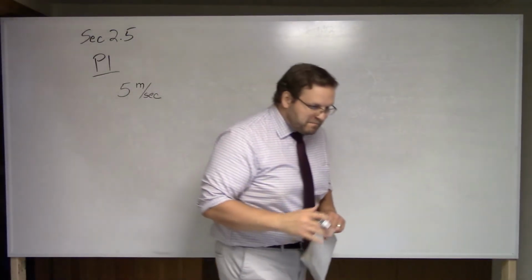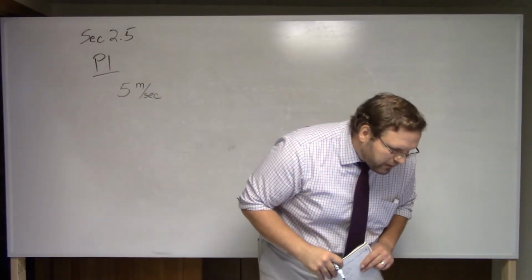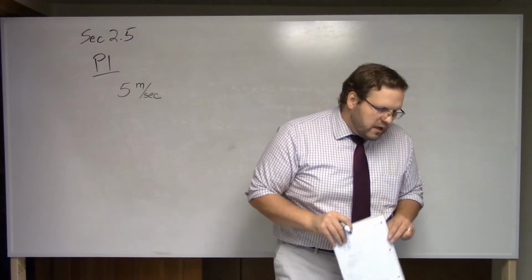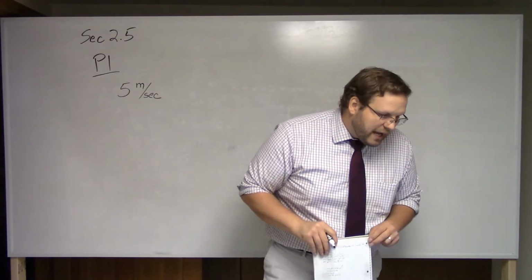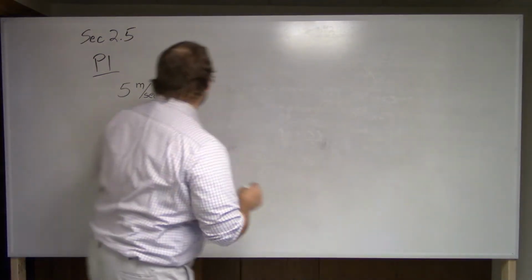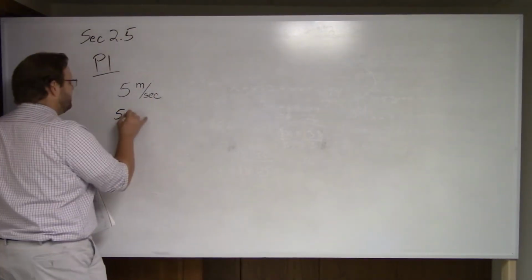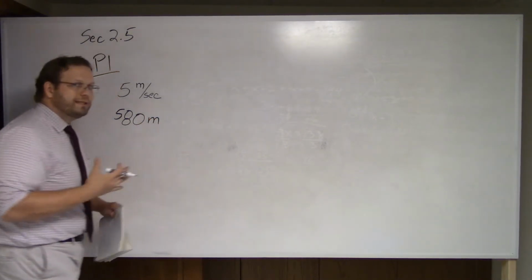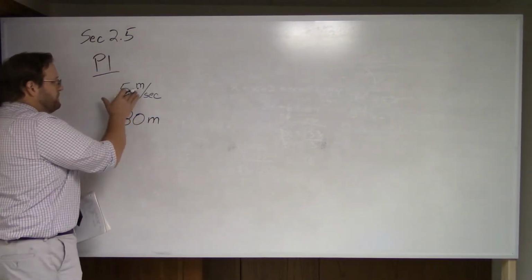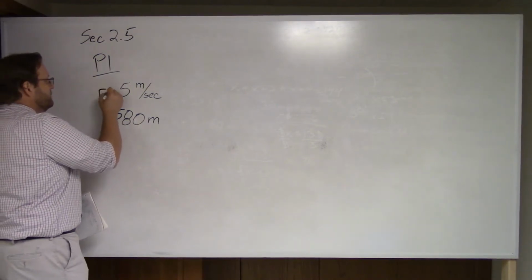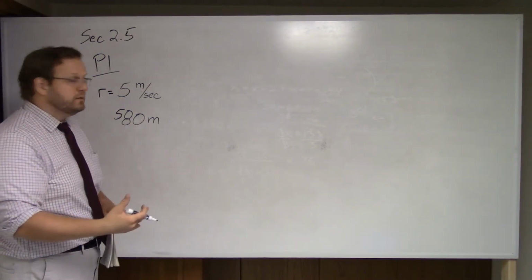Next it says that if the path of lava flows to the sea is 580 meters long, how long does it take the lava to reach the sea? So we know that we need to cover 580 meters. Now what would that represent? Meters per second is a rate, or you could call it a speed.